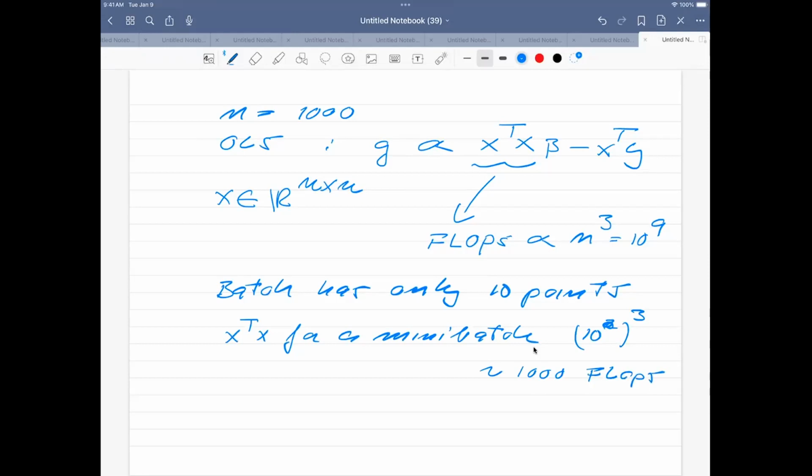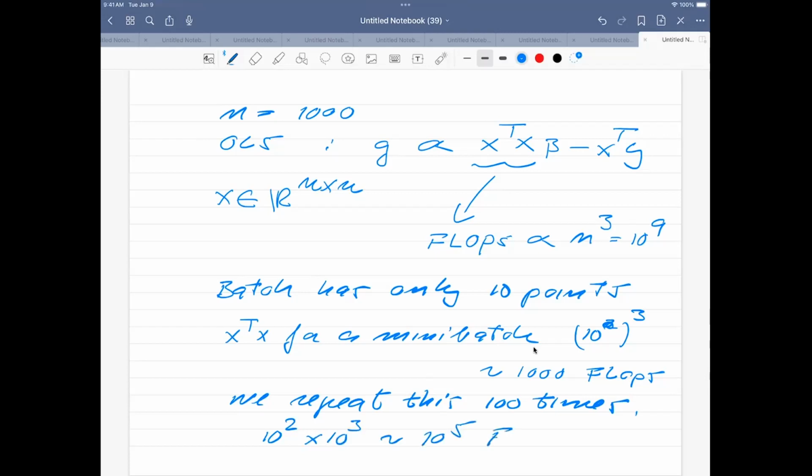And then I have 100 batches. So what we're doing then, and then we repeat this. So this will be one epoch, this 100 times. So that will be one run. So that means that I have 10 to the power of 2 times 10 to the power of 3, which is 10 to the 5 floating point operations.